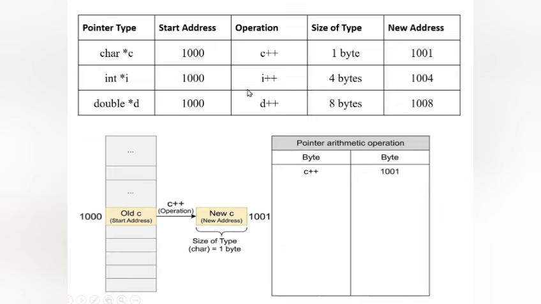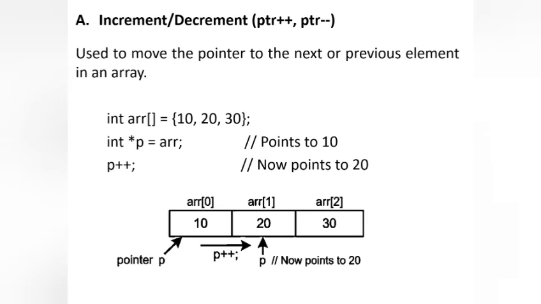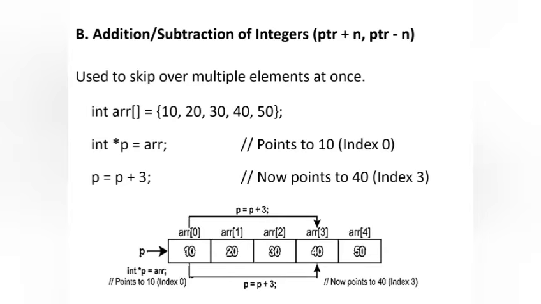So in memory we are now referring to the 1000 location. When you perform an increment operation, from 1000 it will go to the 1001 location and refer to that location. We can perform various operations: increment, decrement, and addition of any specific number.